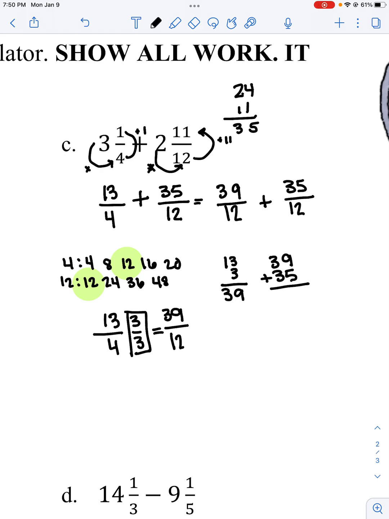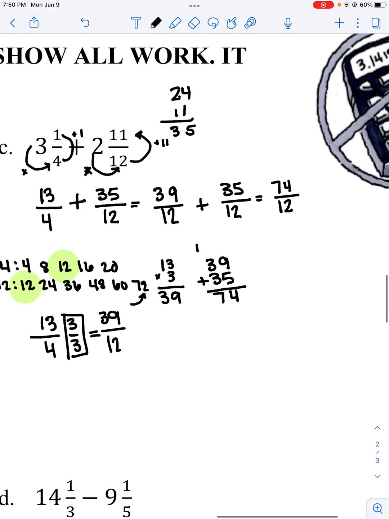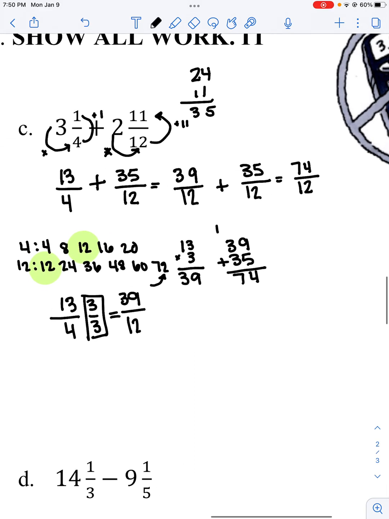Then I add 39 plus 35. That would be 74. 9 plus 5 is 14. 3 plus 3 is 6, plus 1 is 7. If I had kept going with my 12s, I would have realized that 12 goes into 74 6 times.